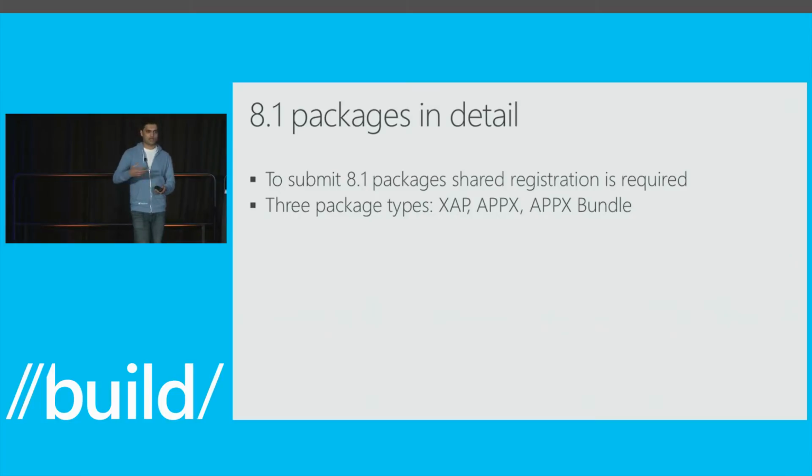So let's say you have a localized game, and you're supporting 5 languages, and your core binary is only 10 MB, but each localization adds 100 MB to your game. If you had an APPX, the size of the game would be 510 MB. With APPX bundles, you can separate out your resources into different packages. So you have one binary, the 10 MB core binary, but then you have 100 MB packages for each of your 5 languages.